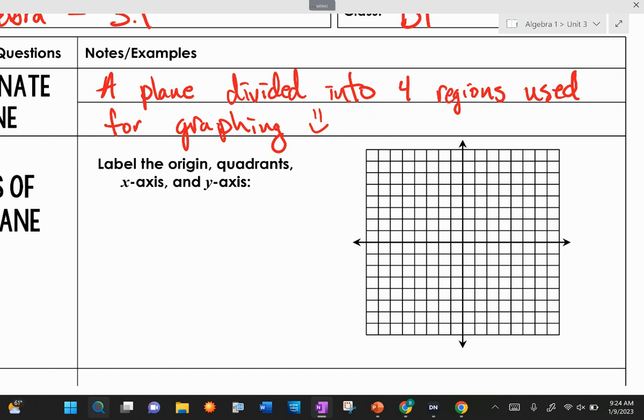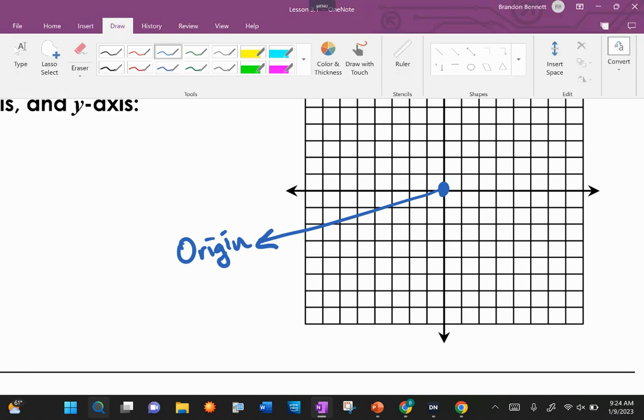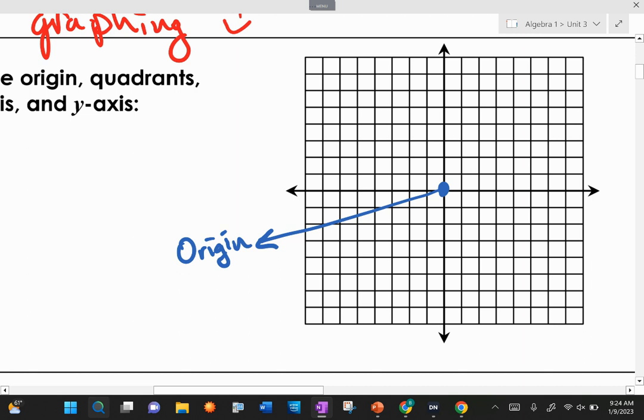Okay? Okay. Label the origin, quadrants, x-axis and y-axis. First, the origin is going to be (0, 0). Okay, the quadrants are designated by the separation that comes from which 2 lines?